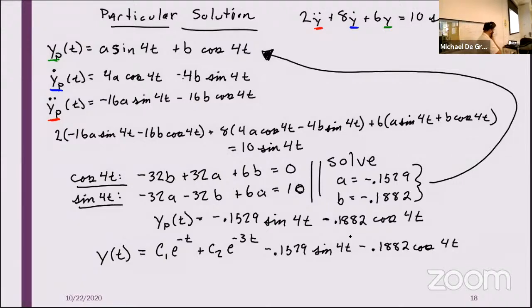So what is this telling me, right? This is telling me that I've got some exponential decay that's combined with a sine wave. So I've got this decaying sine wave, right? That's great.